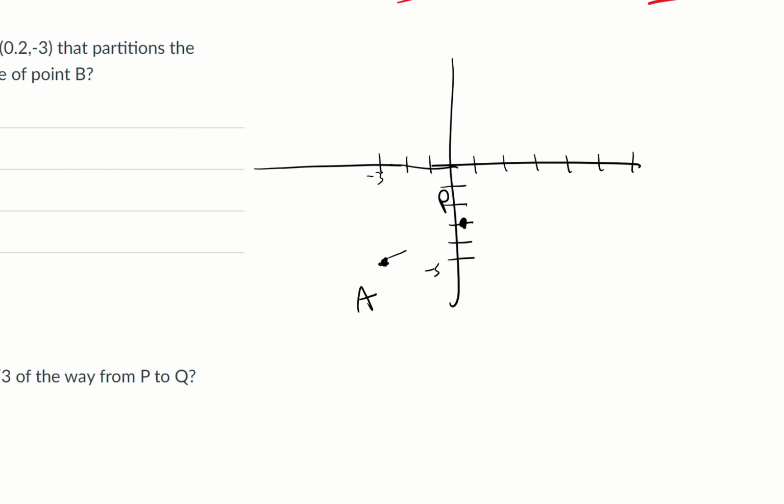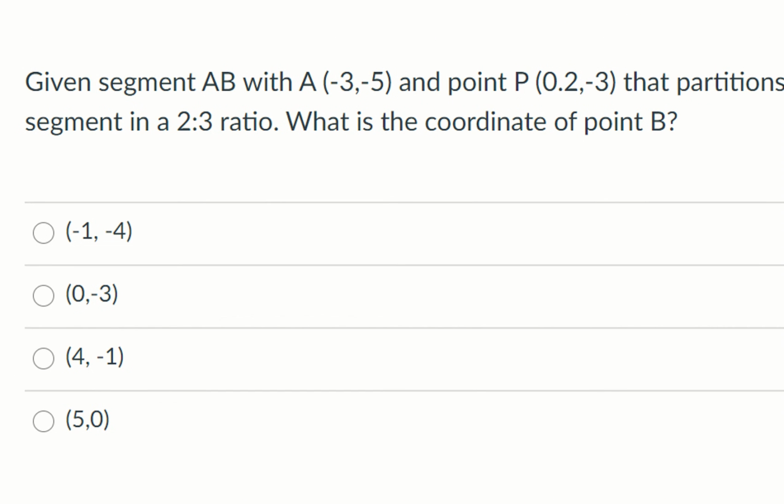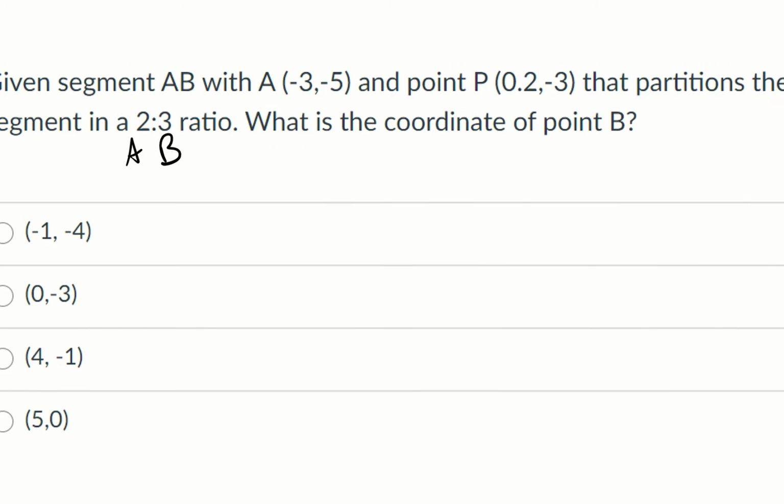Okay, so that's A, this is P, and then B is somewhere off in the distance. We don't know. So we know that P is two away from A, right? Because this is saying it divides a segment. That's your A to B ratio, right?